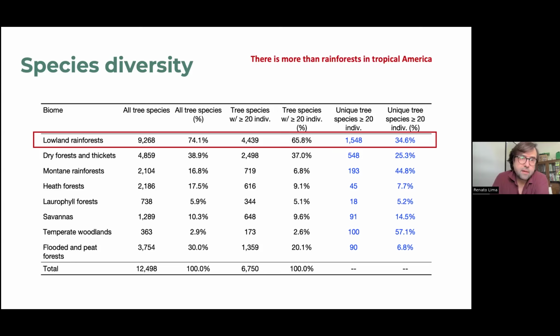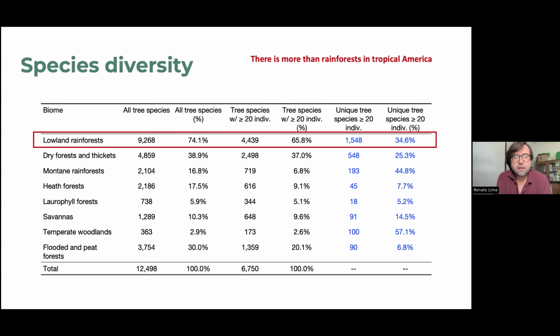So we were talking about the biome distribution in previous slides, and here is an important result as well. The lowland rainforests, like the Amazon and other rainforests we have in tropical America, are super important in terms of number of species and number of unique species. But tropical America is not only about rainforests, it's not only about the Amazon.